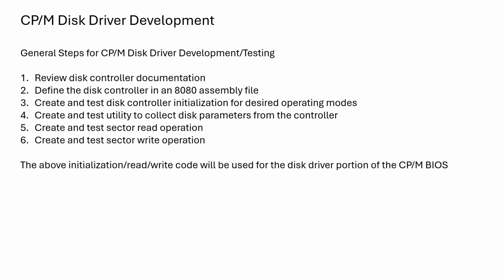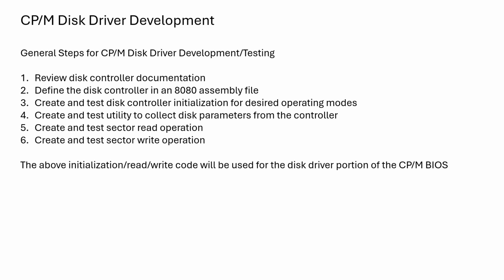That'll tell you how many total sectors you have in LBA mode and gives you some other information about who made the controller, what the software version is for the controller, and some other useful information. After that, create and test sector read operation, create and test sector write operation. The above initialization, read and write code will be used to create the disk driver portion of the CP/M BIOS.